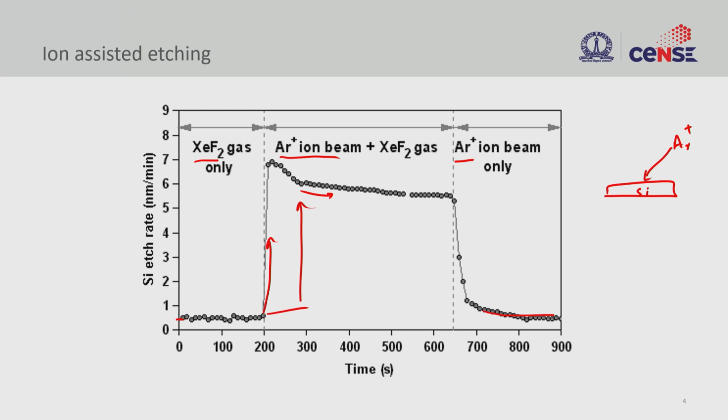The conclusion of this experiment was you need both the etching gas and also the ion to etch. Ions alone are not etching, they are inert, and xenon fluoride alone was unable to etch, but you need both of these to etch the material.